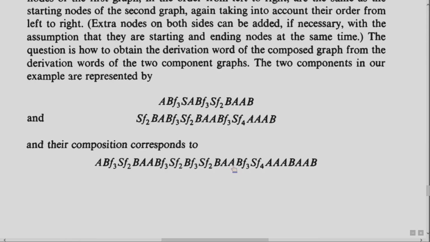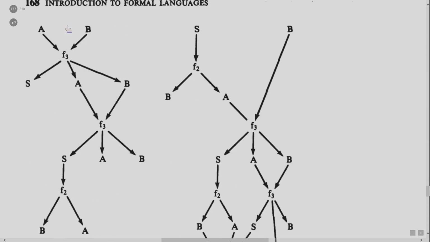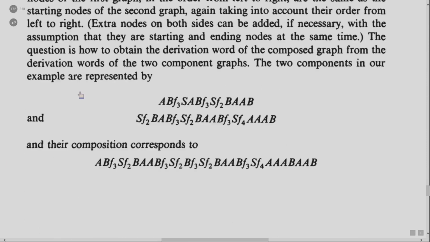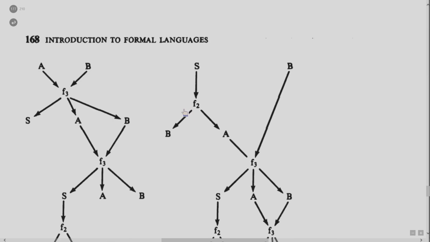Similarly, we can study composition also, the composition of two derivation trees. It's indicated by an example. Let's take this example, the first derivation tree or graph. Before going to it, let's discuss the grammar it is using. This is the grammar having six production rules, F1, F2, F3, F4, F5 and F6.